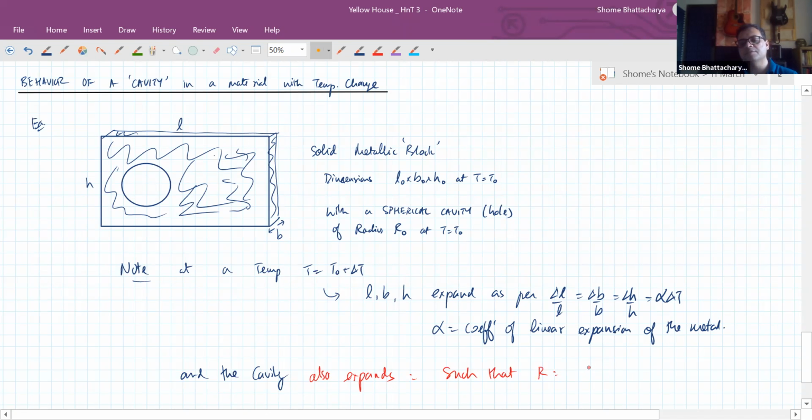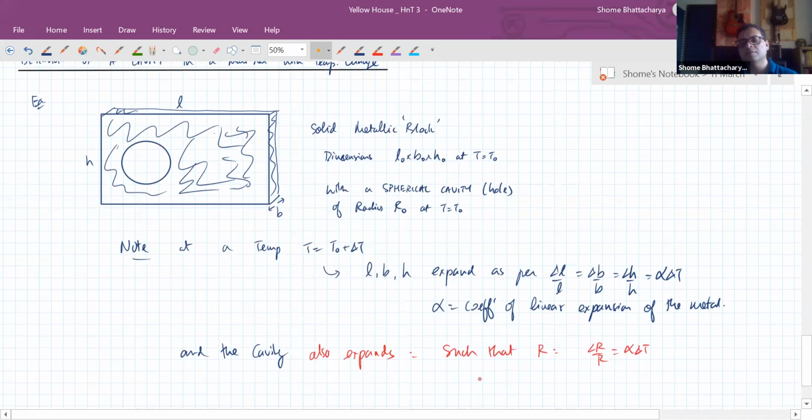the radius of the cavity behaves according to the volume of the cavity.